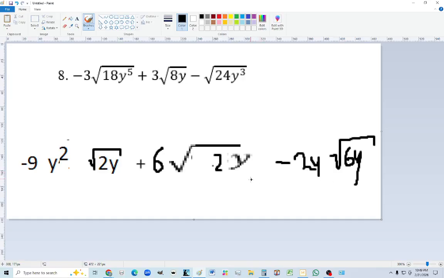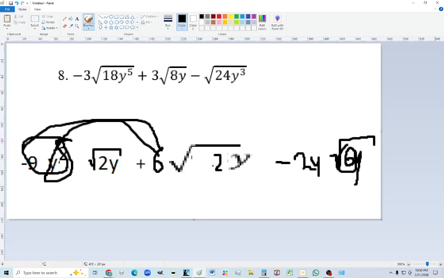That's the only one that didn't really turn out the way I wanted to get a 2y. But I can't really add this to that anyway because of this y squared. These are no longer measurable terms.